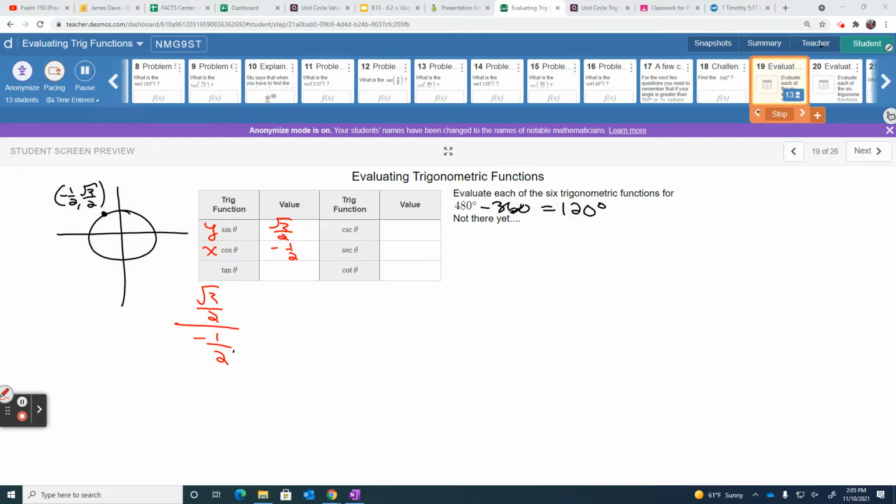Keep the top, change, flip: multiply and flip. From there, we can try to cancel, and we can cancel the 2's. So we just have negative square root of 3.